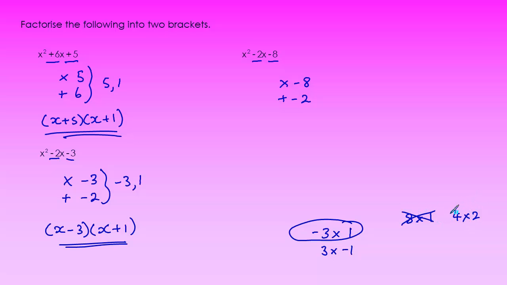So do we want negative 4 times 2 or 4 times negative 2? Well, when we add these ones, it gives us negative 2, so that's what we want. Negative 4 and 2, and our brackets will be x minus 4 and x plus 2.